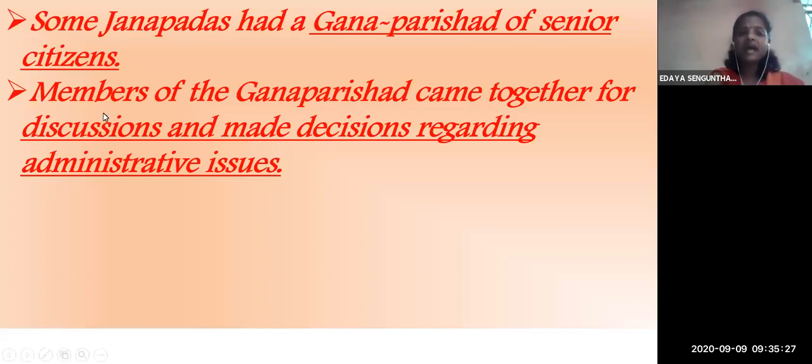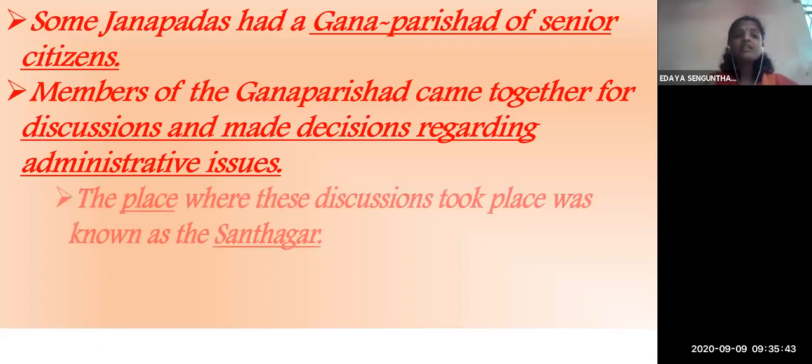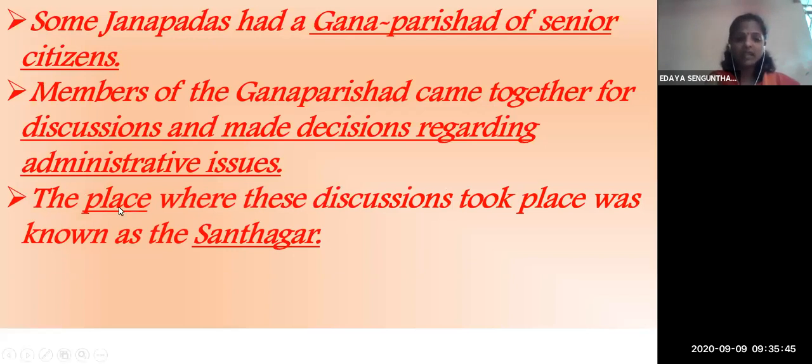So Janapadas had a Gana Parishad consisting of senior citizens, and the members of Gana Parishad came together, discussed, and made decisions regarding administrative issues. But where did they come to discuss? The place where these discussions took place was known as Santagar. Repeat after me: Santagar.